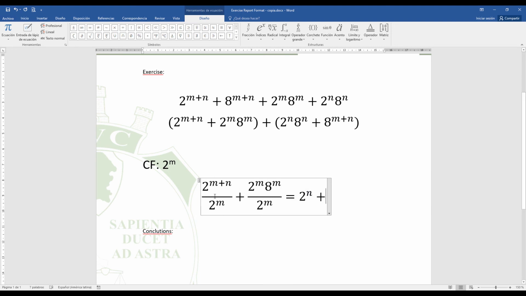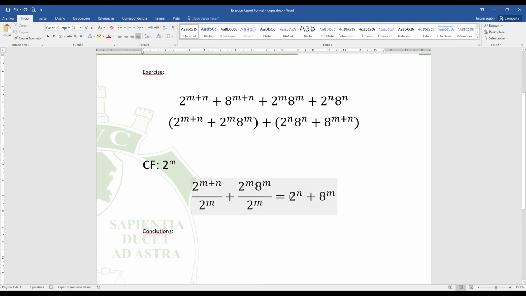Remember, when you are dividing with the same base, you need to subtract the exponents. So here the result is 8 raised to m. And remember, the result of that factoring is the common factor multiplying the result of that division.